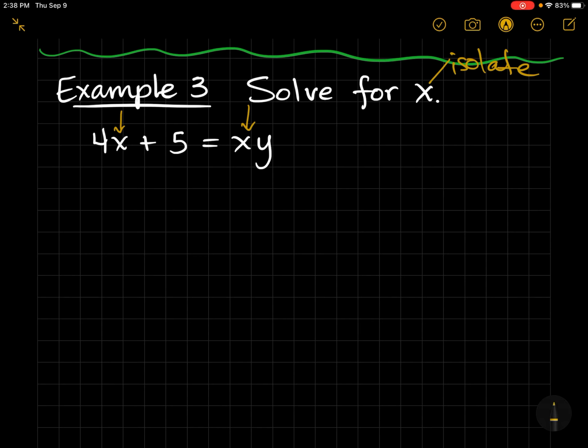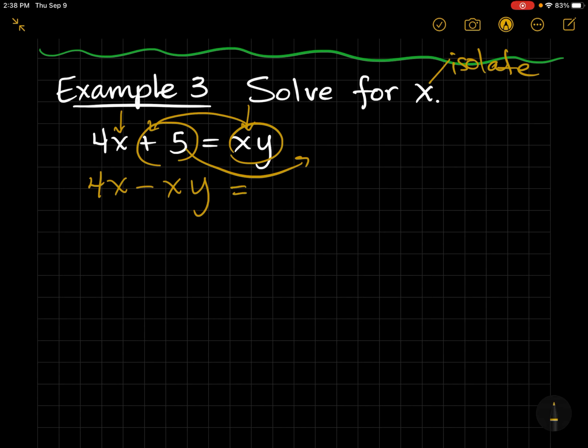And let me show you what I mean. I'm going to move this over here, so it's going to become negative. I just subtracted xy from both sides. And I'm going to move this over here. So positive 5 becomes negative 5.